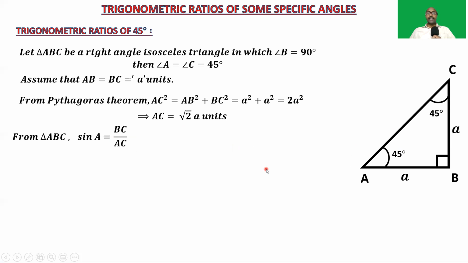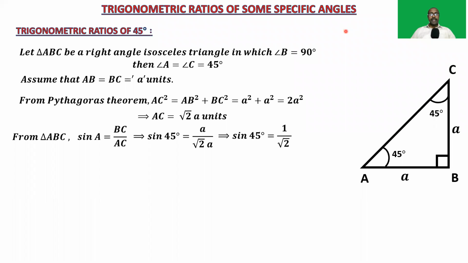So BC by AC, and we have BC equals A and AC equals root 2 into A. So BC by AC equals A by root 2 into A. By cancelling A, we get sine 45 degrees equals 1 by root 2. So in this way, we got the value of sine A, that sine 45 degrees equals 1 by root 2.